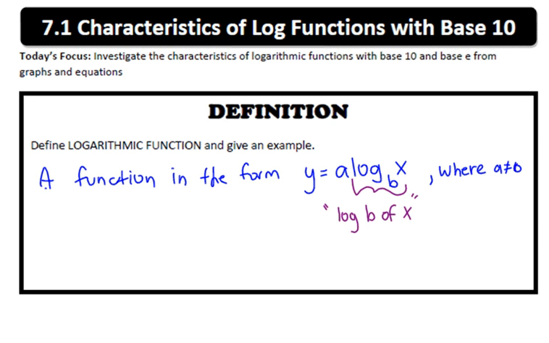Also, b can't be 1, just like in our exponential unit, because 1 to the power of anything is always 1, so it wouldn't be exponential. And b has to be greater than 0. Think of the base as when we had the exponent, like 2 to the power of x. The base is 2 here. So our base can't be negative.